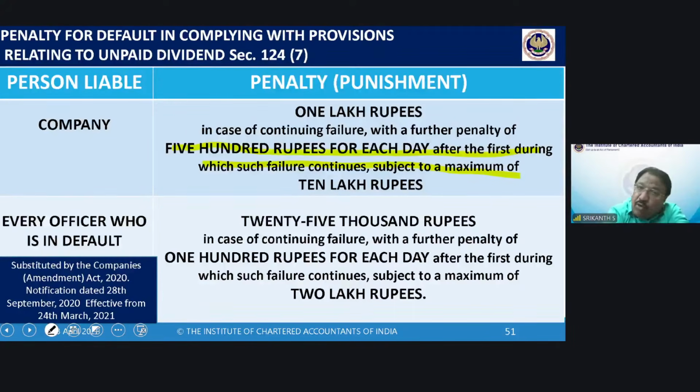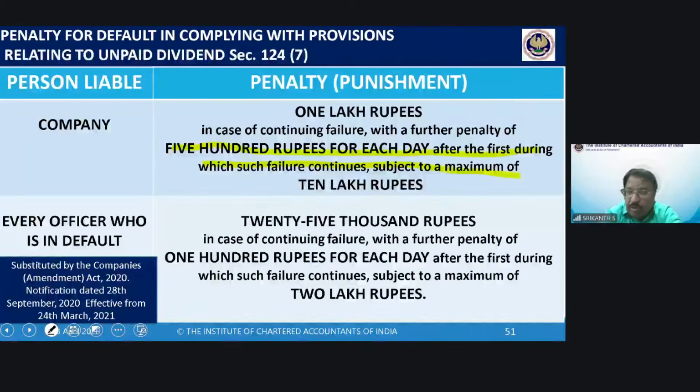In addition to the company, every officer who is in default will also be punishable with a fine of 25,000 rupees and 100 rupees for each day after the first, subject to a maximum of 2 lakh rupees. Earlier, there was imprisonment also, but now there is no imprisonment, only fine.